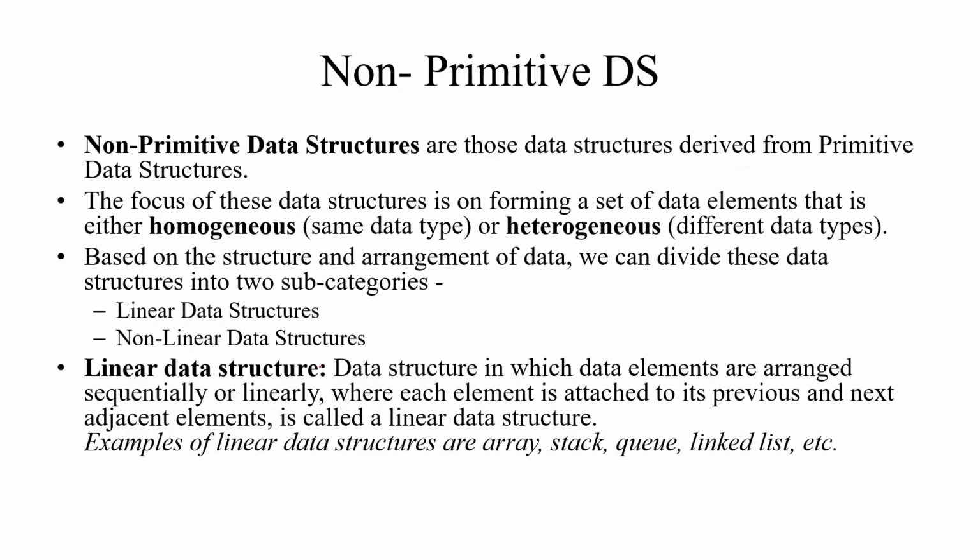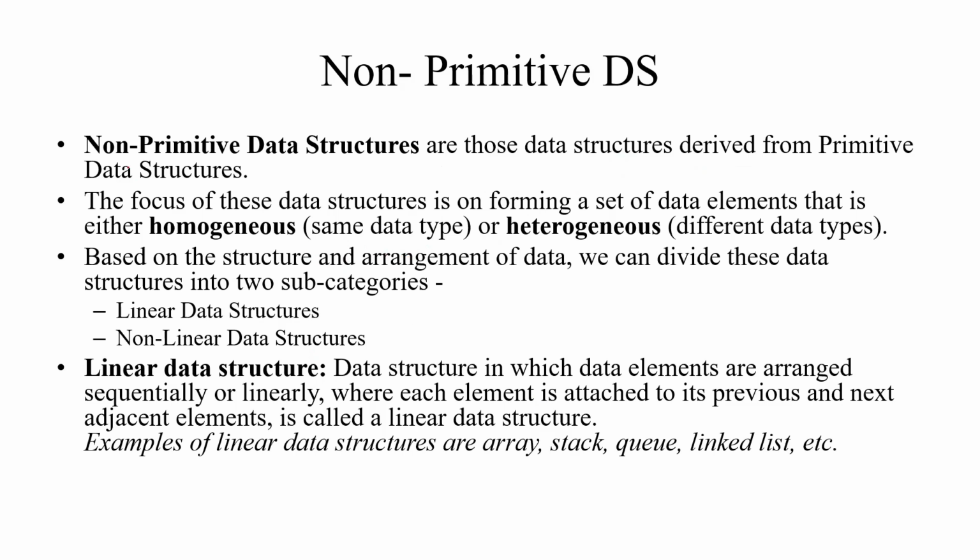Non-primitive data structures. The non-primitive data structures are those data structures which are derived from primitive data structures. The focus of these data structures is on forming a set of data elements that is either homogeneous or heterogeneous.